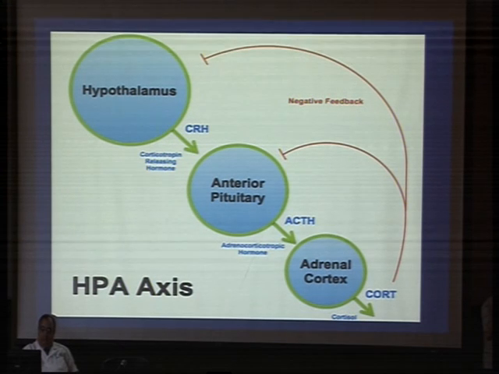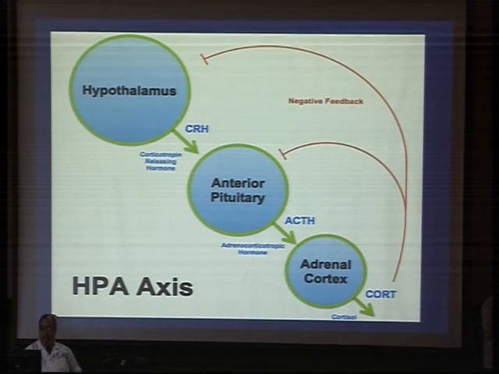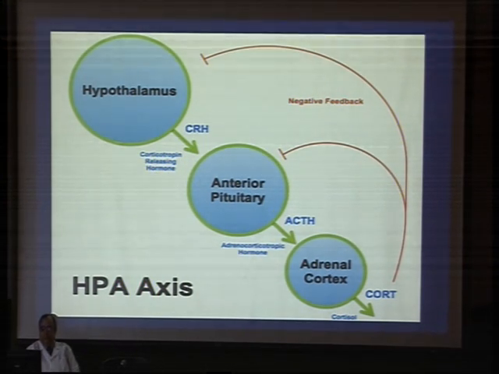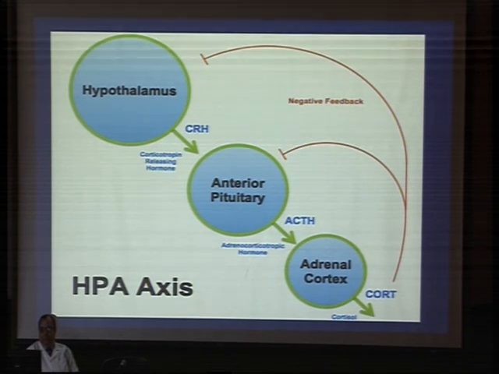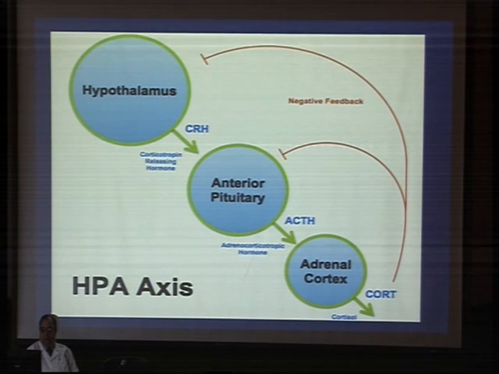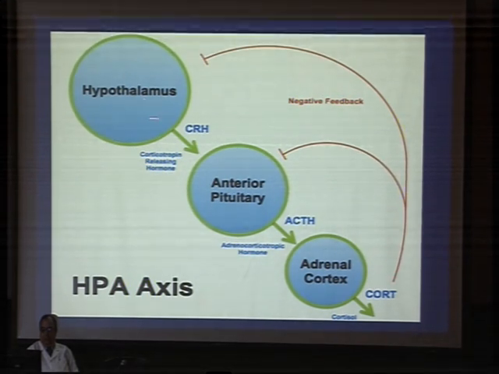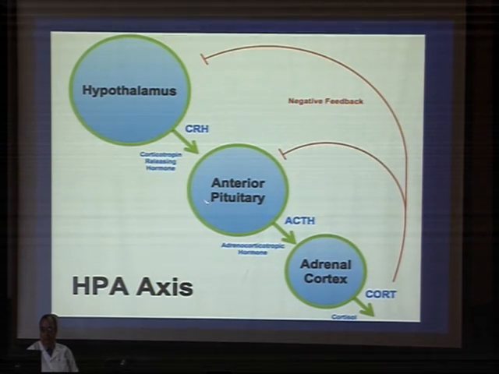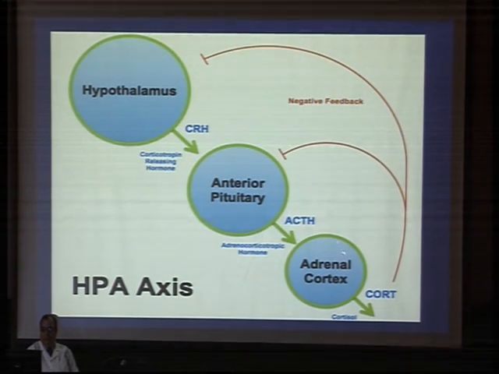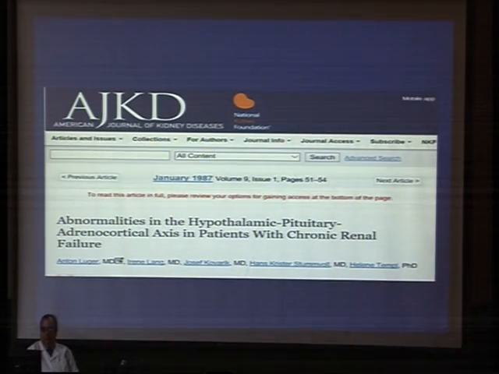Then prolactin, which is important for lactation, and then growth hormone, which is important for growth. As you see, stimulation of the hypothalamus, then the anterior pituitary, then the cortex and the gonads.